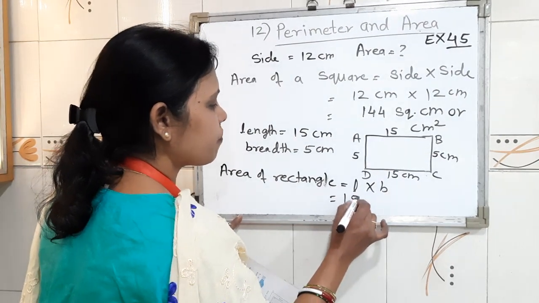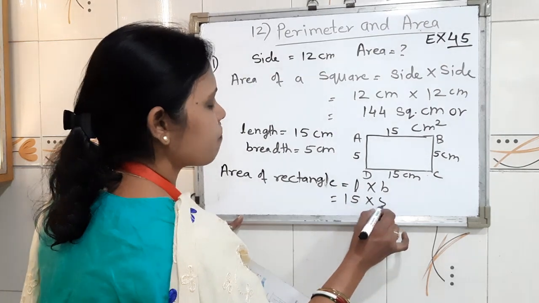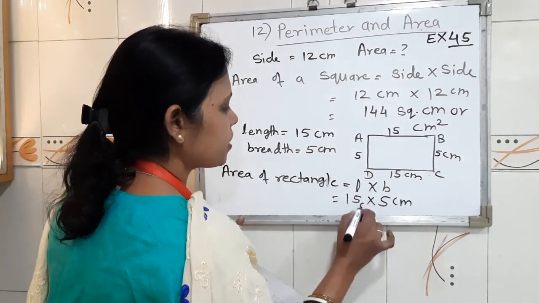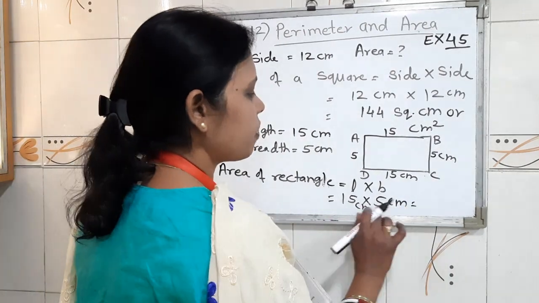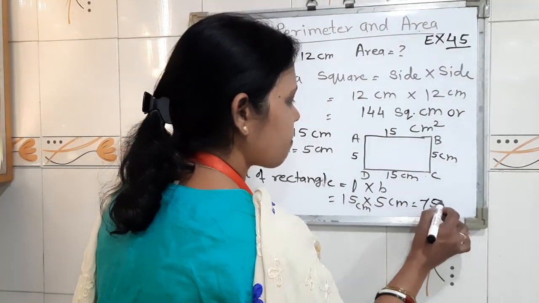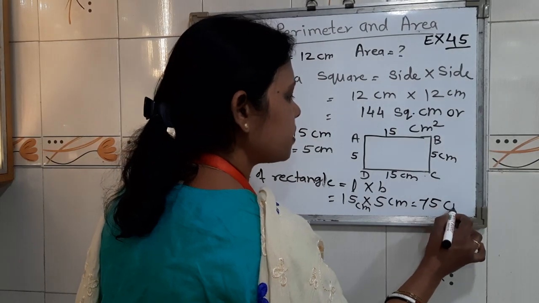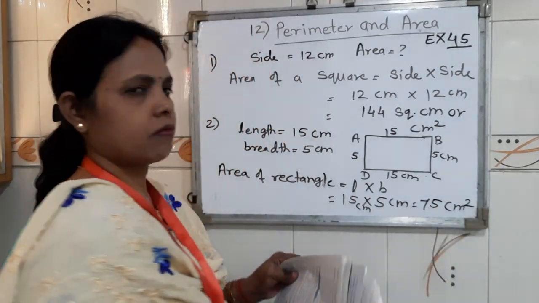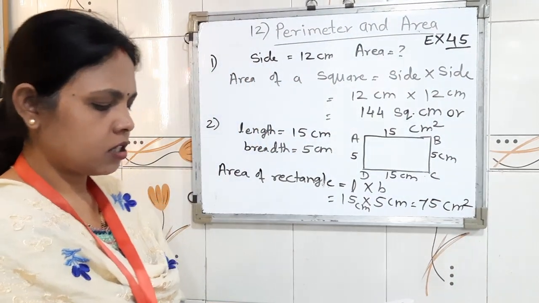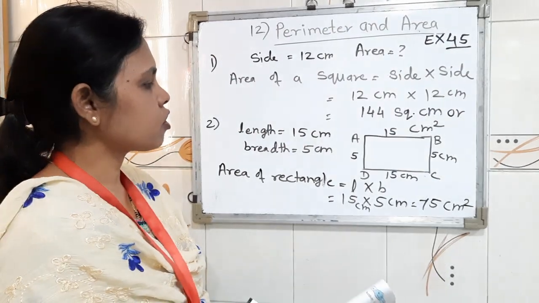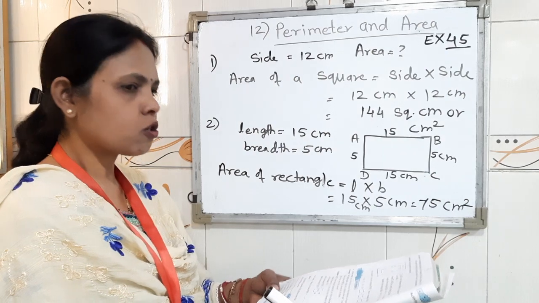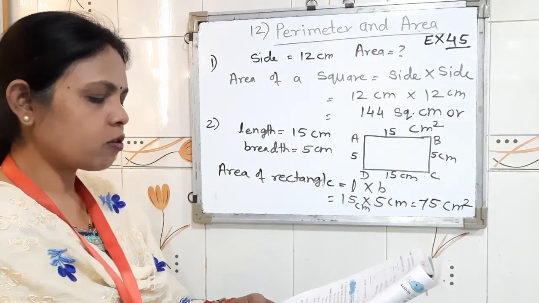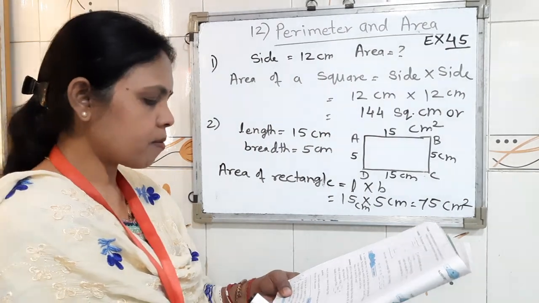Length is given 15, breadth is given 5 centimeter, here 15 centimeter, equal to 15 fives are 75 square centimeter. I hope exercise 45 question number first and second both are clear to you. So children, now we are going to start question number third.